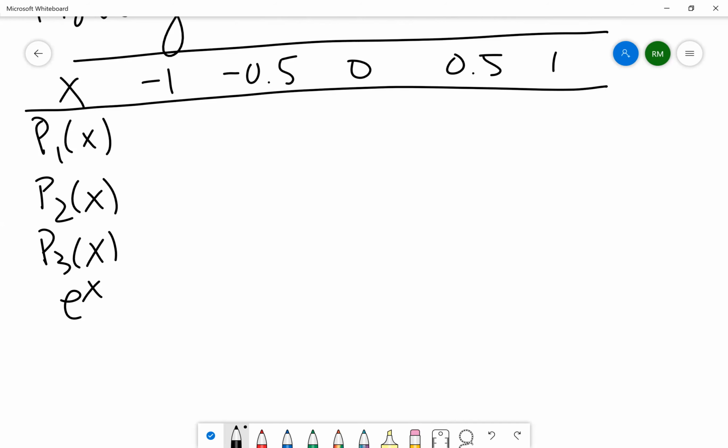And if we plug these numbers into our linear polynomial, we get these approximations for the values of the exponential function. And then I plug them into P2.